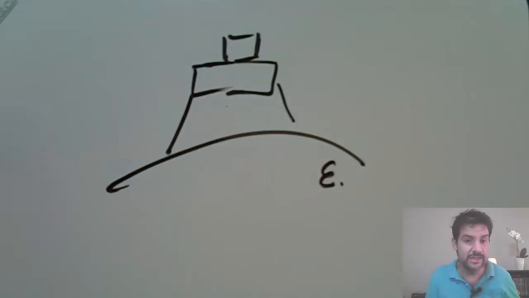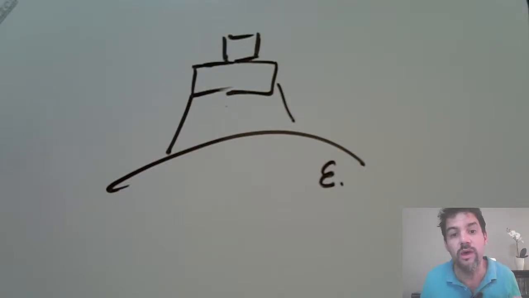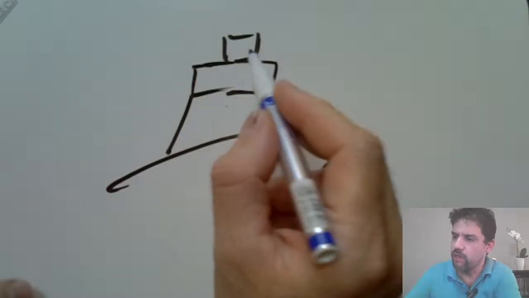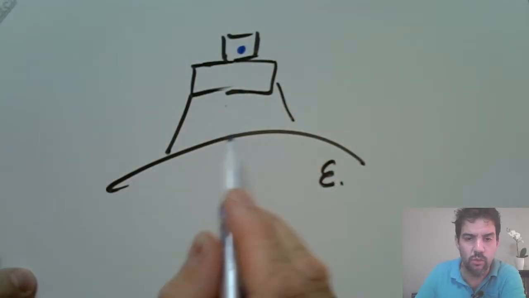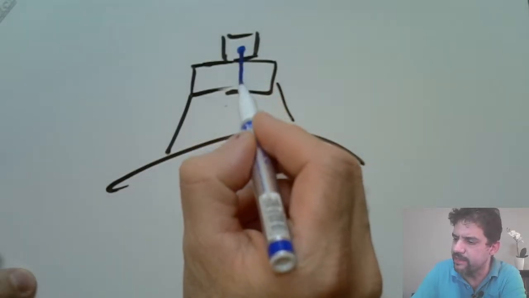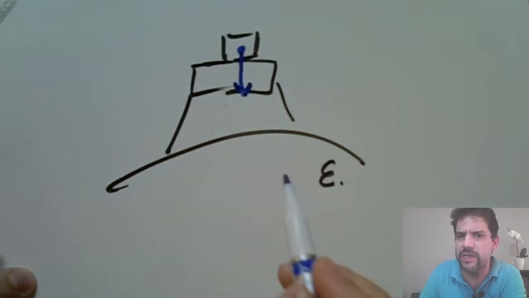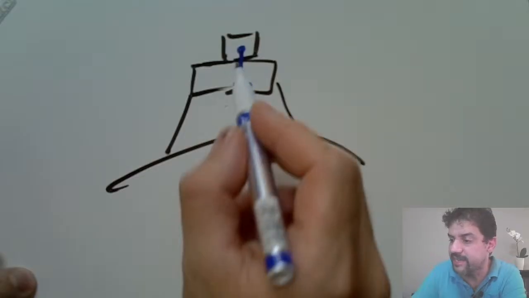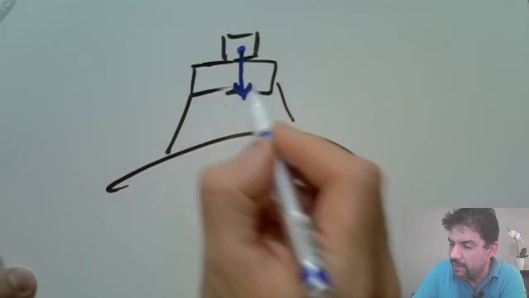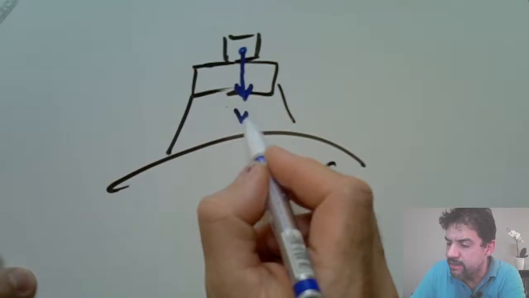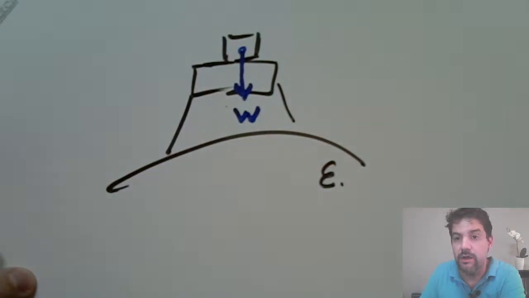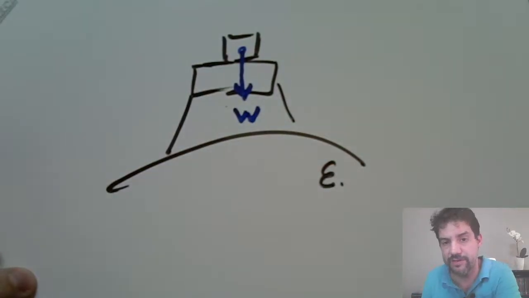We want to determine which one is the reaction force to the weight, or to the gravitational force on the block. So if we represent the weight, you all know that weight is straight down. In other words, it's actually straight toward the center of the earth, because weight is the force the earth exerts on objects on or near the surface of the earth.